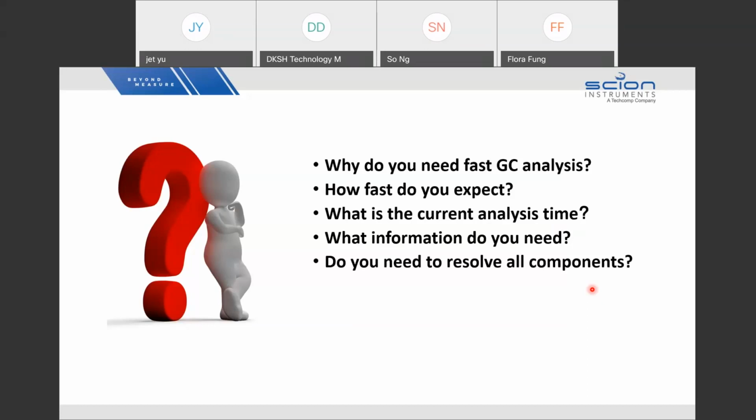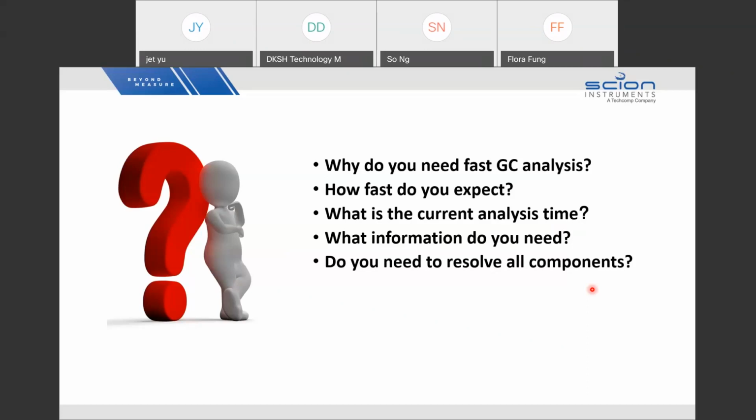Do you need to resolve all the components? When a sample comes, there are a number of components in the sample. But you have to make sure what your target compounds are, because this helps to develop the method. If you tell me I want to resolve all of the components, then it is going to be a struggle to develop such a so-called fast GC analysis, because you have to consider the separation of all the components from the very beginning to the last eluters.